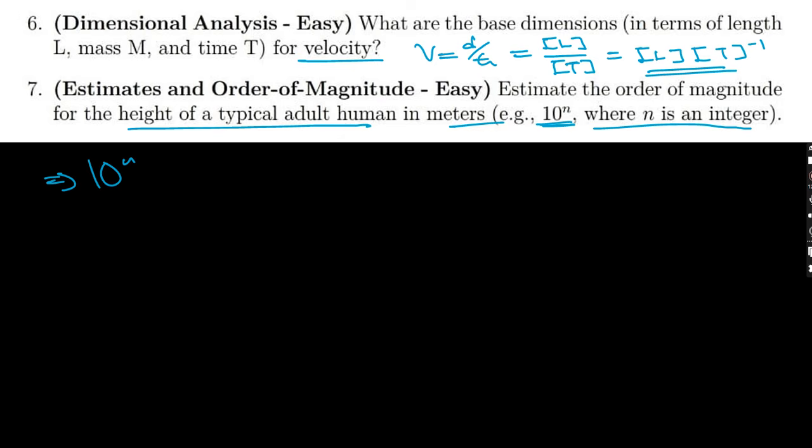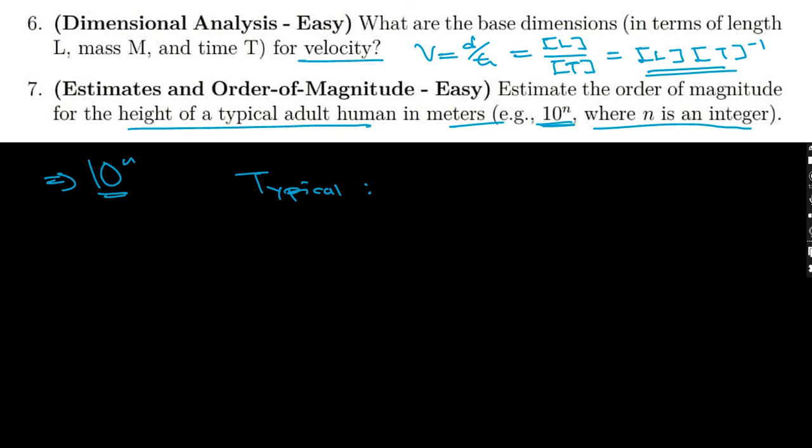So after we find the height in meters, we're going to write it in the form of scientific notation, then take the power of 10. You can know that a typical adult man, here we make an assumption. You can make any assumption, but it shouldn't be out of the ordinary.